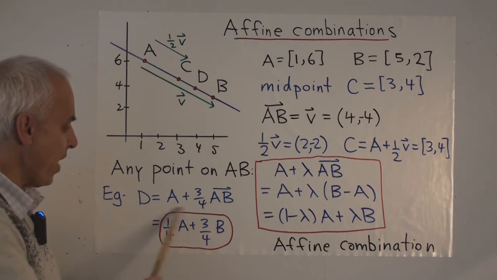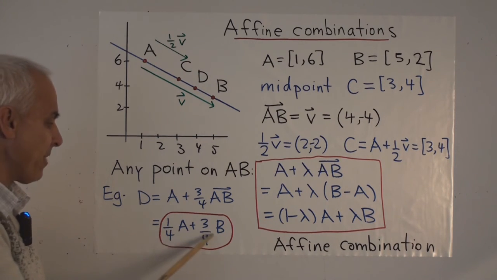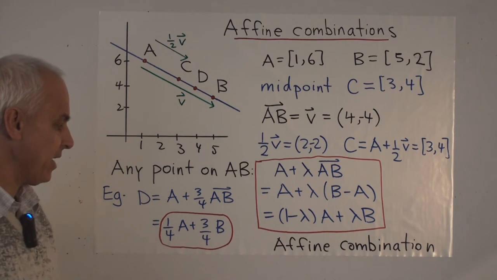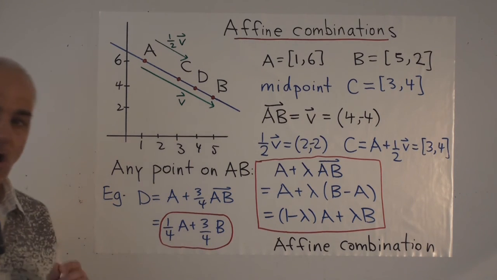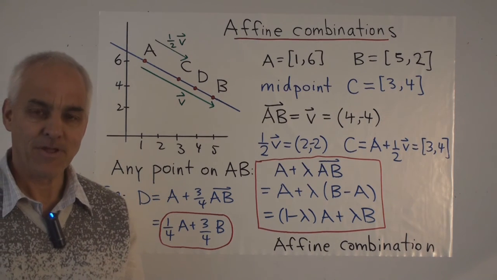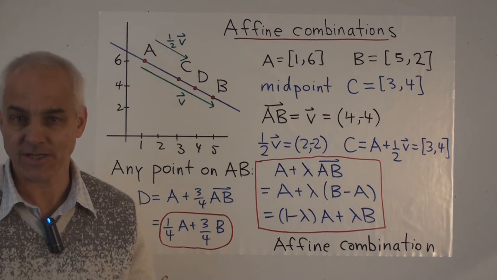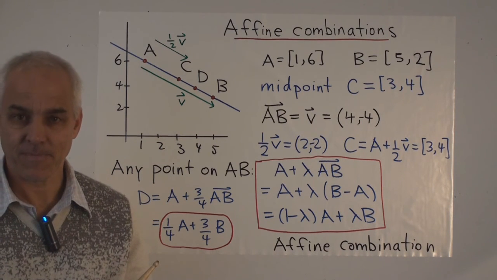So this is a new way of describing points lying on a line as a combination of A and B, where the two coefficients always add up to 1. So those are some interesting applications of vectors, which are very useful objects for geometry.